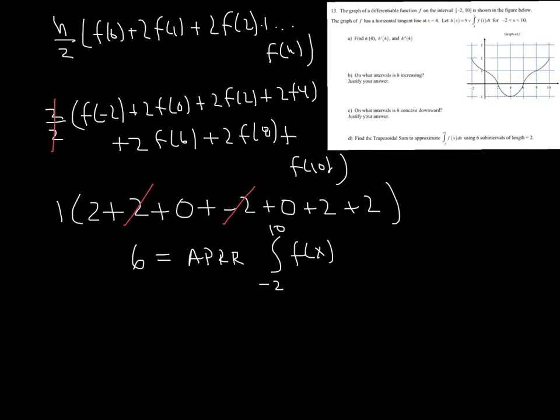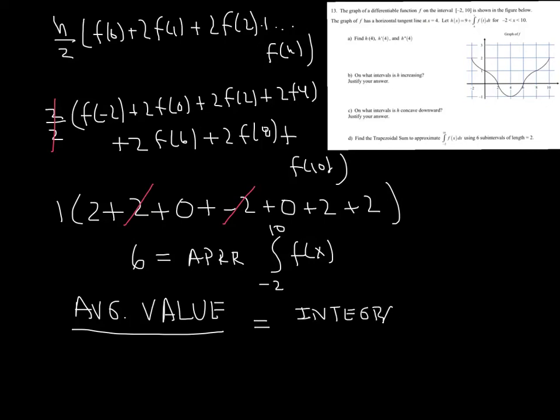Okay, now let's expand this problem here, and let's say we wanted to find the average value of f of x. Well, the average value, remember, is the integral over the interval.